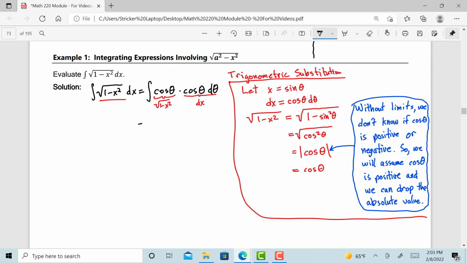So this is equal to then the integral of cosine times cosine, which is cosine squared theta, which takes us to our last section, right? We saw in the last section that when we have an even power of cosine, we want to use a trig identity. In this case, the half angle identity. So when it's cosine squared, we get 1/2 times 1 plus the cosine of 2 times the angle.